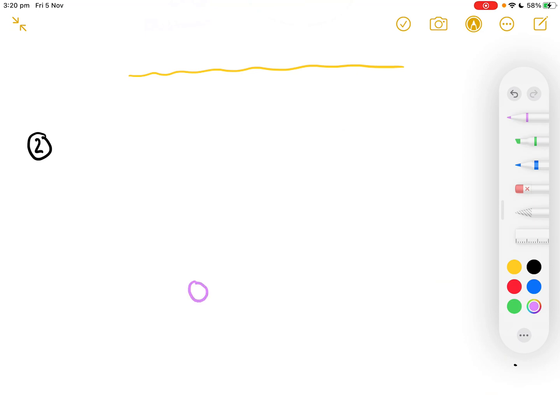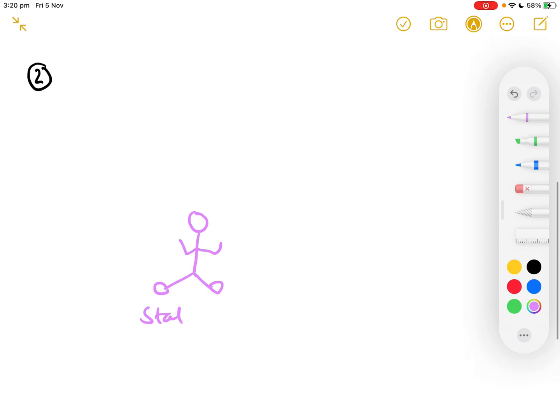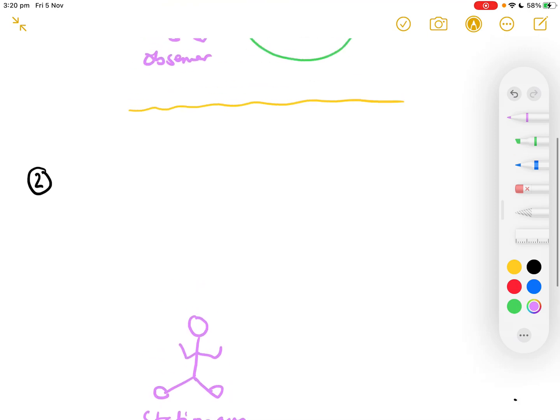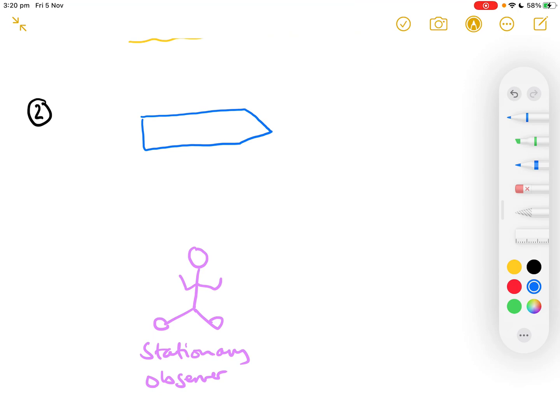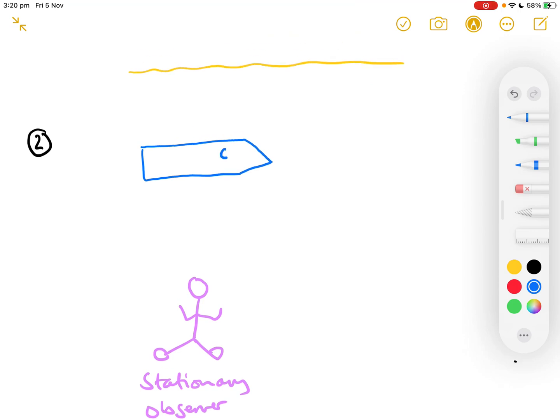So let's have our observer on the Earth. He is stationary. And now let's imagine that our spaceship is flying past. Okay.